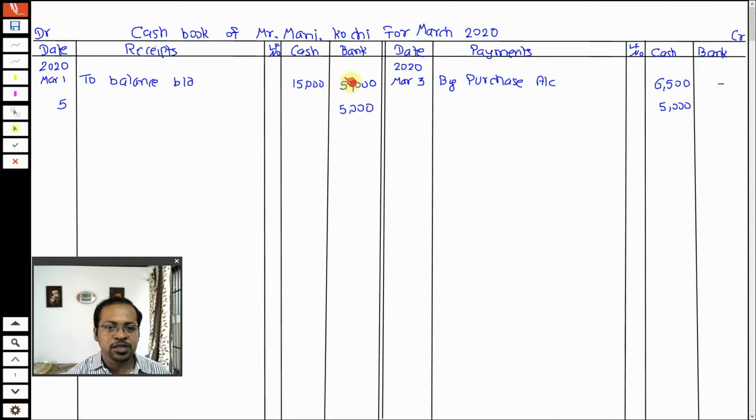So when bank was debited I will write to cash account, I will write C to indicate contra, and when cash was credited on March 5 I will write by bank account, and I will write C for contra. So I hope this concept is clear to everyone.